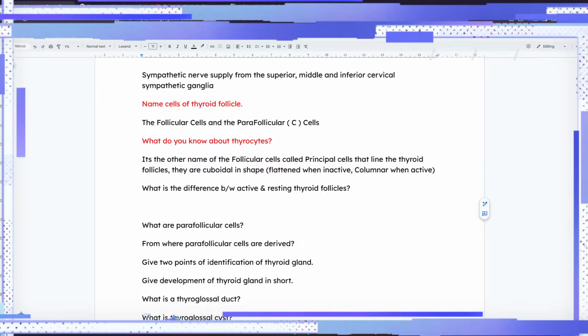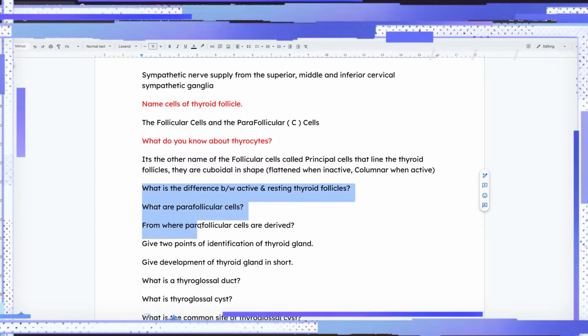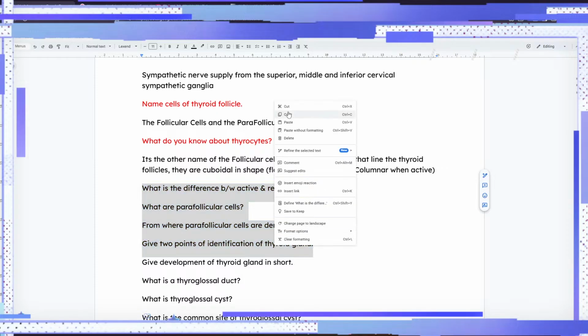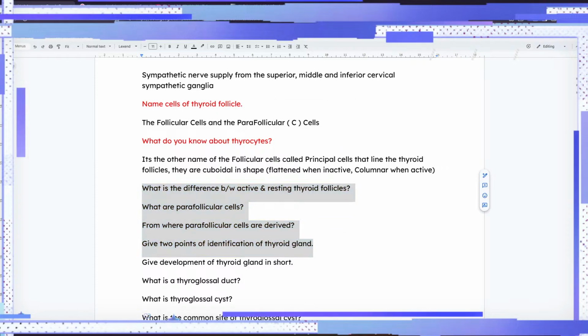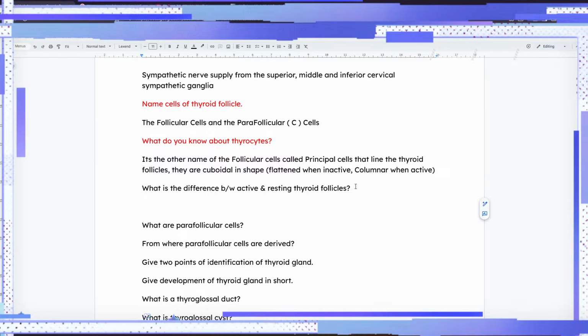There's not much difference, it's a pretty simple thing. Active, as I mentioned, is columnar.